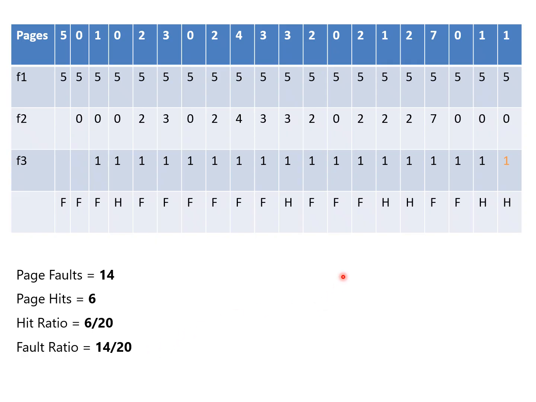There are some advantages of the most recently used page replacement algorithm. This page replacement algorithm is used in some specific applications like database systems and sequential file access, and it can also perform better than LRU in certain access patterns.